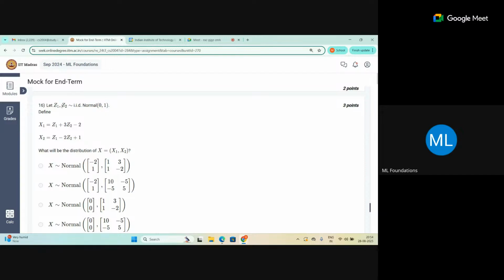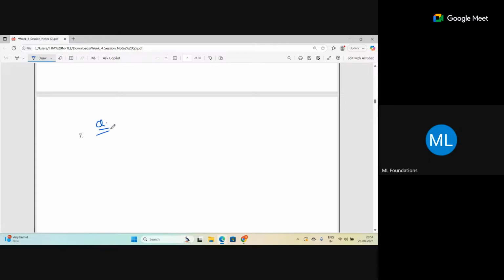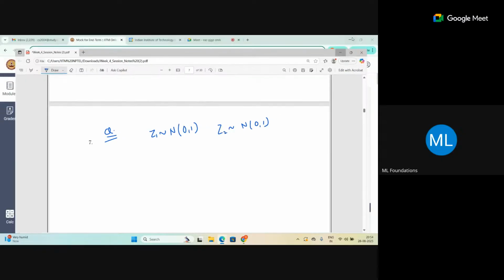So let's say z1 and z2 are like this. I wanted to find out the distribution of this vector, the joint density of this. So what is given to me? z1 is normally distributed with mean 0 and variance 1. z2 is normally distributed with 0 and 1.